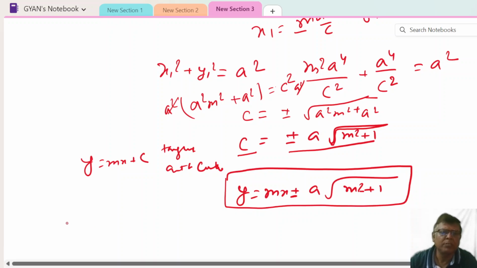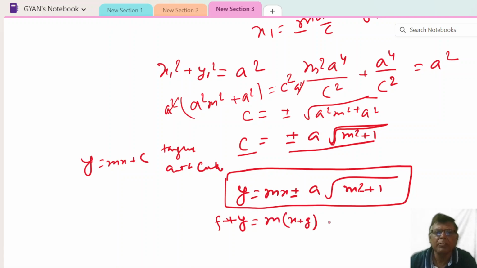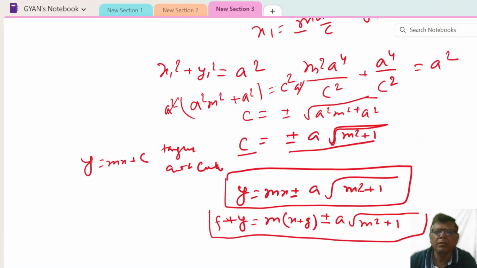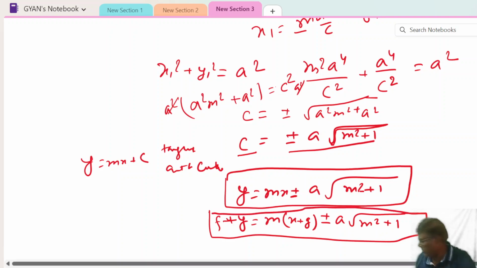So for the general equation, what will happen? For the general equation, y plus f is equal to m (x plus g) plus minus root over m square plus 1 times the radius. So this will be the condition for the general equation of the circle.